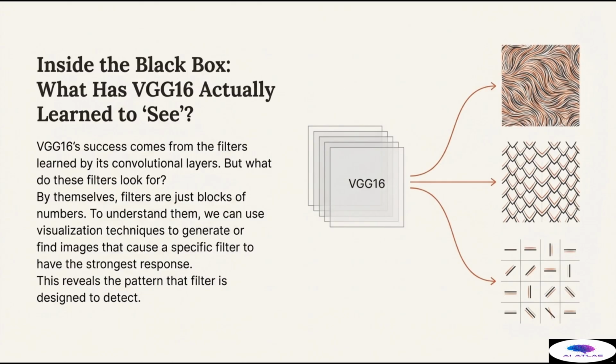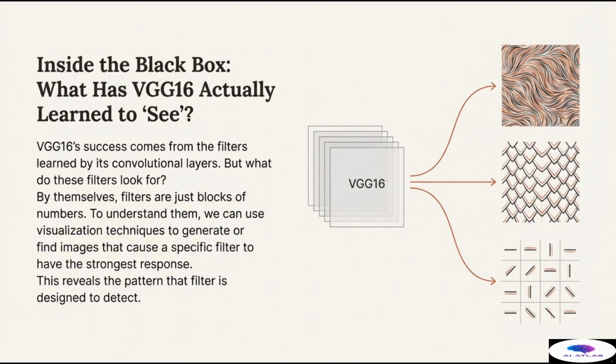The network's success is entirely dependent on the numerical matrices within its convolutional layers, the filters. By themselves, these filters are just blocks of numbers, weights that are adjusted during training. To understand their function, we utilize visualization techniques. One powerful method is to use optimization algorithms, such as gradient ascent, to generate or find an image that causes a specific filter in a given layer to achieve its absolute maximum activation or strongest response.